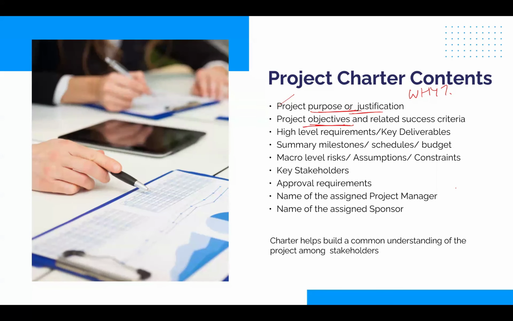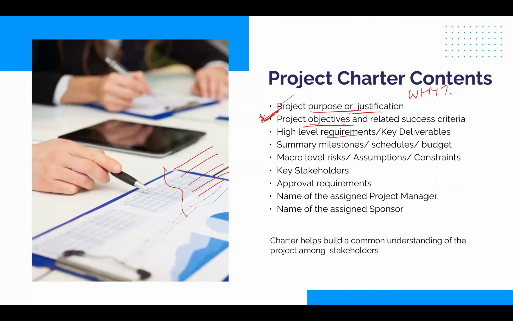Also take note: you define as many objectives as needed, and at the end of the project, on the last day, we would measure success of the project based on these objectives. If the objectives are met, that indicates the project is successful. If they're partially met, that's partial success. If you do not meet them at all, that would be no success. So those objectives we define in the charter.